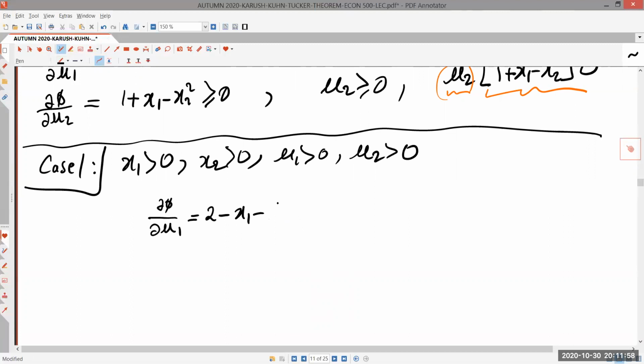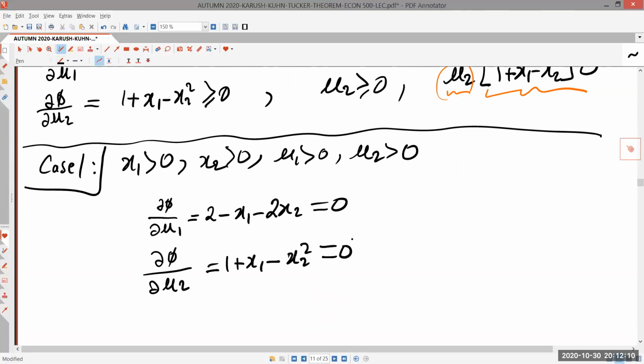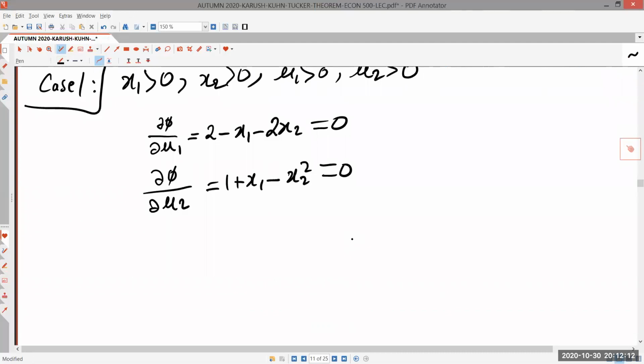It's an active constraint. We are on the borders, and let us look at here, mu2. And we would check whether we would be able to find any x's and mu's which would satisfy these equations.